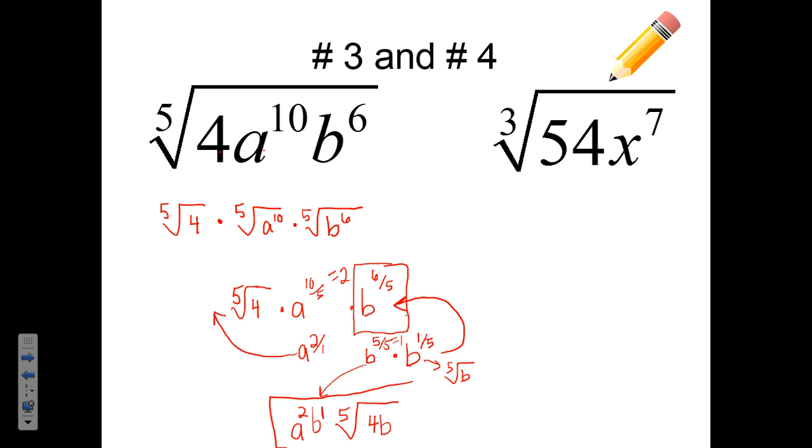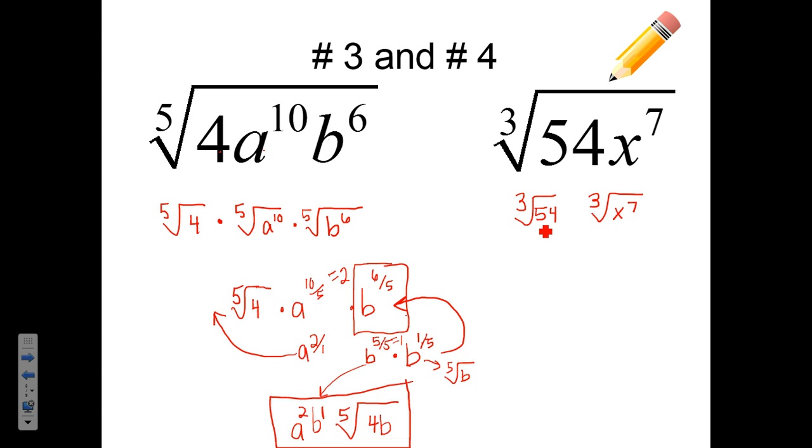Now these seem to be a little bit more complicated, and they are, but if you think about all the things we've done and critically think about them, I think you can make it through these. All right, let's start with this one. The cube root of 54 breaks up, and so does the cube root of x to the 7th.